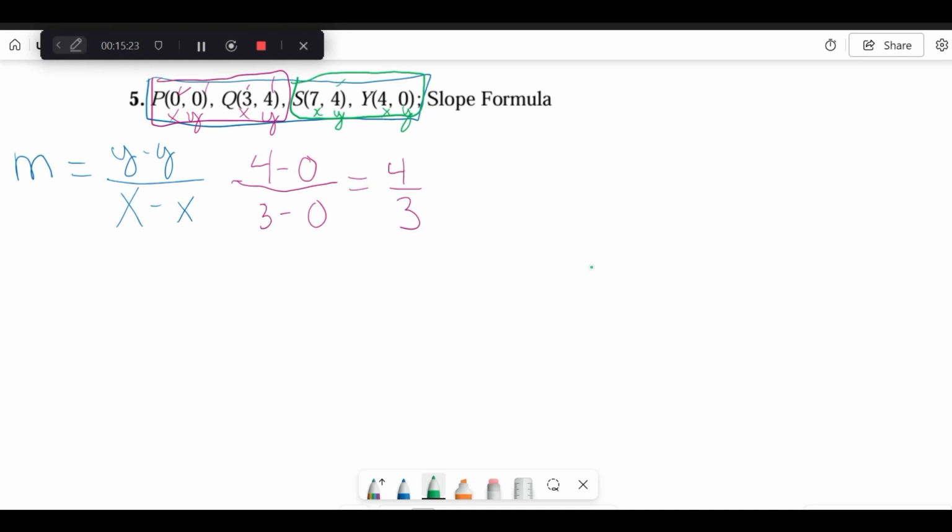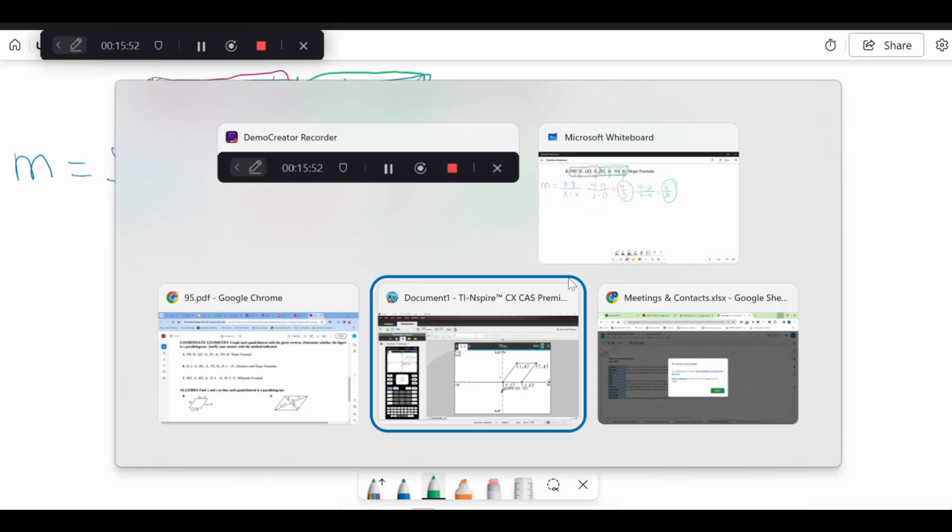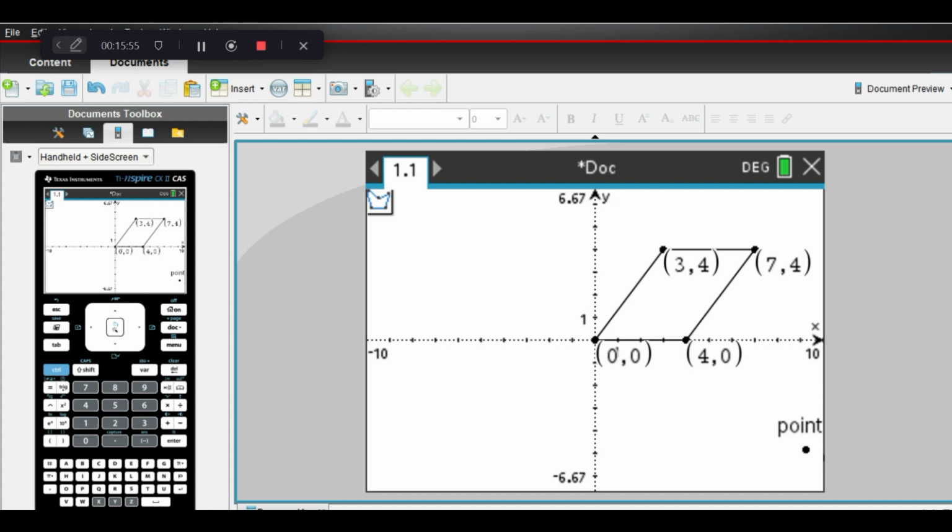So I'm going to start with my Y, so I have 4 minus 0 over, now my X's, 7 minus 4. Well, 4 minus 0 is 4, and 7 minus 4 is 3. And since I see they have the same slope, then these 2 sides are parallel to each other. So let me do this.